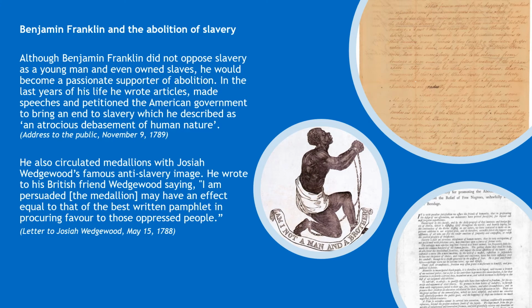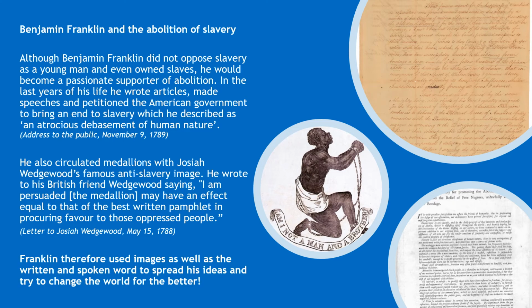Although slavery wasn't abolished until much later, 1833 in England, and 1865 in America, the actions of Benjamin Franklin and many others paved the way for this process. Franklin therefore used images as well as the written and spoken word to spread his ideas and try to change the world for the better.